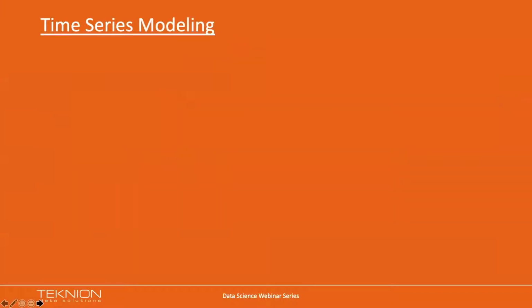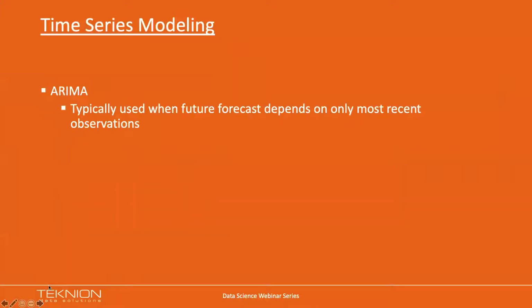And then, the other thing that I think is interesting to consider is that when we're typically talking about the different types of time series models, again, ARIMA is the one that you probably think of the most. And it's typically used when you're doing your future forecast. It really all depends on the most recent observations.